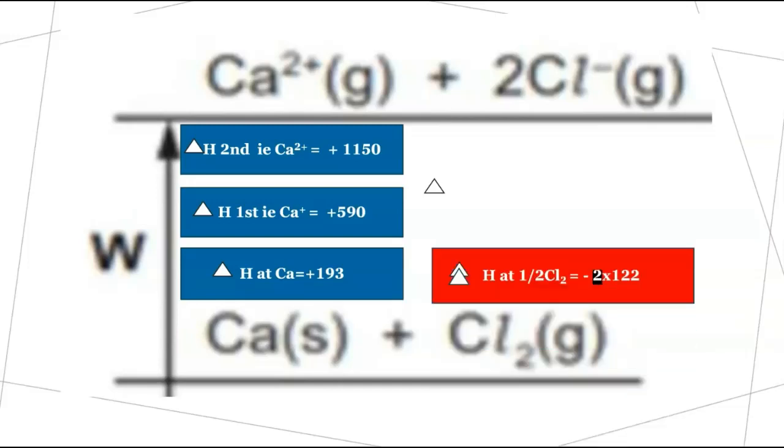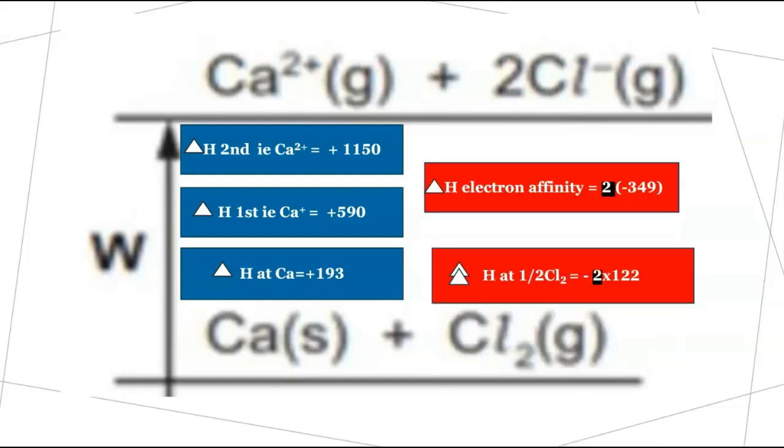In a similar way, you need to atomize chlorine gaseous and make it a chlorine atom. So if you take the atomization energy, you need to multiply it by 2, because you have 2 chloride ions. So you make 2 chlorine atoms, and these chlorine atoms are then converted into chloride ions. And you already know what electron affinity is. Electron affinity is the energy released when an electron enters the system.